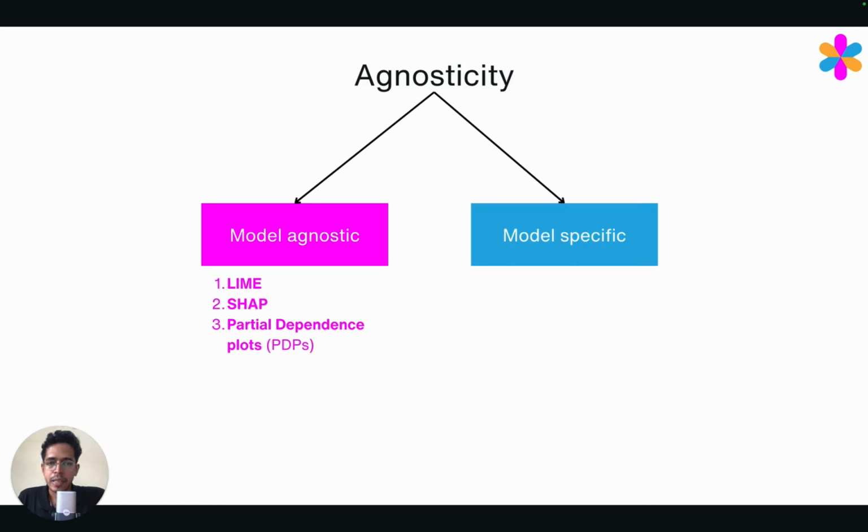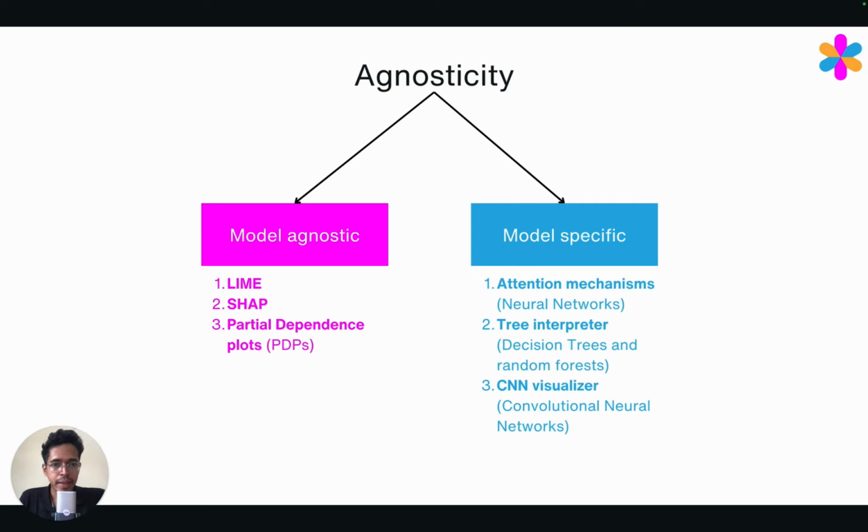The other type of explainable AI methods are model specific methods. They will not apply for all models, but they might apply specifically for neural networks, or specifically for convolutional neural networks, or for decision trees, etc. So there are attention mechanisms which apply only for neural networks.